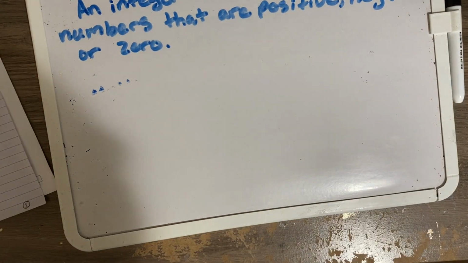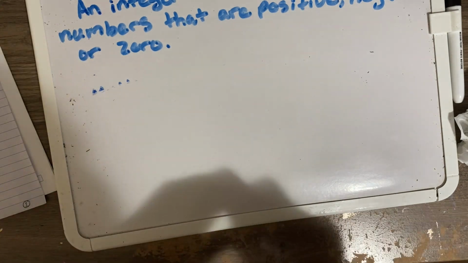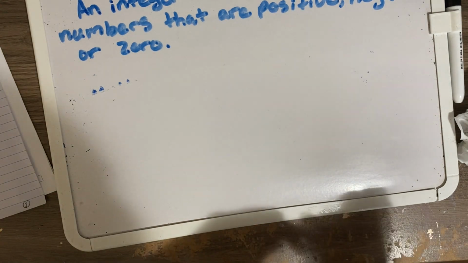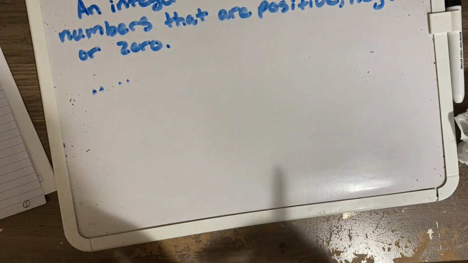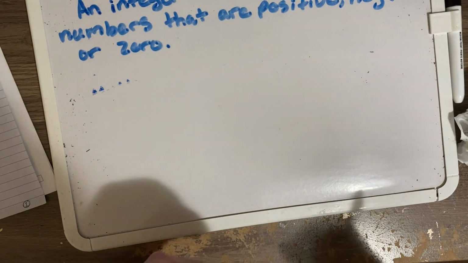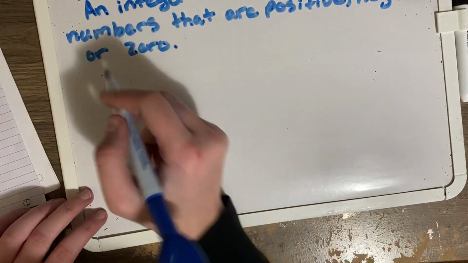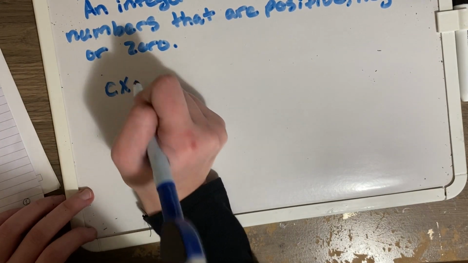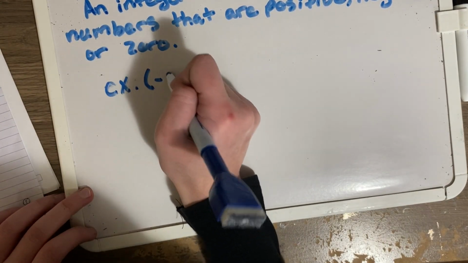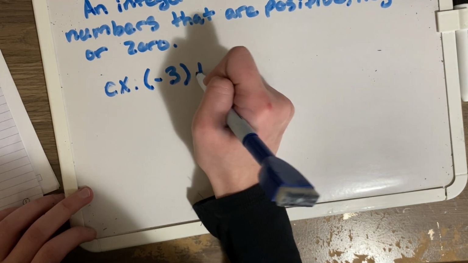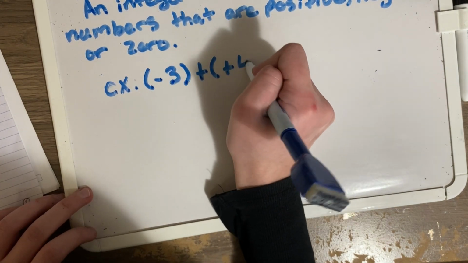So now we are going to do some examples. Sometimes when we have an equation, we can simplify it so that it makes more sense and we can draw pictures. An example could be negative 3 plus positive 4.